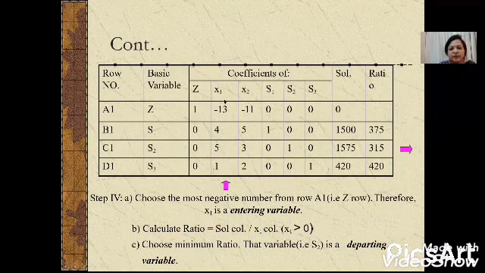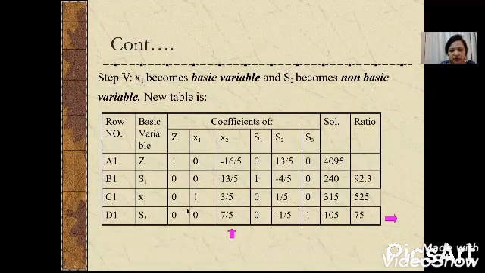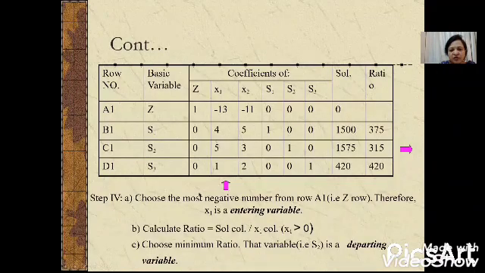This is the column corresponding to x1, the entering variable, and this is the row corresponding to the departing variable s2. So the number at their junction is 5. Next, we convert it into 1 by dividing the whole row by 5, and also we convert the remaining elements of this column to 0 by row operations.